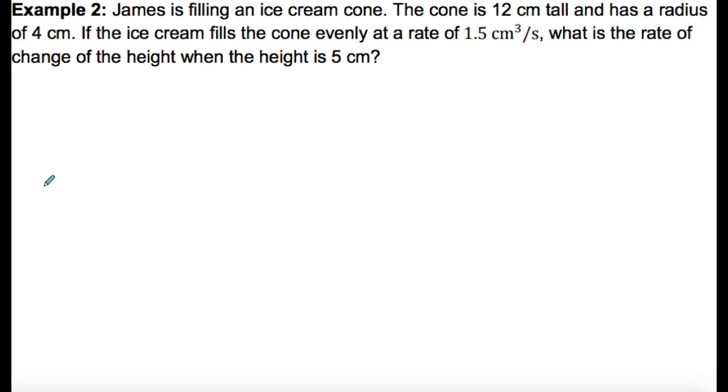All right, so let's take a look at what we have here. It says James is filling an ice cream cone. So kind of similar to the last one, we were just filling up a conical paper cup with water. Here we're filling up a conical ice cream cone. It says the cone is 12 centimeters tall and has a radius of 4.